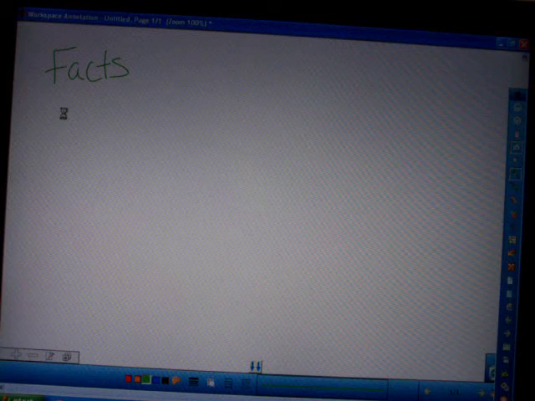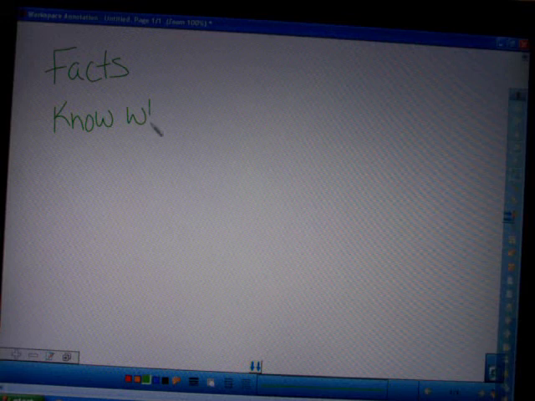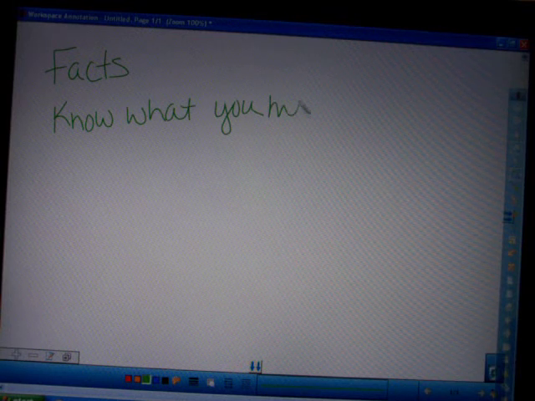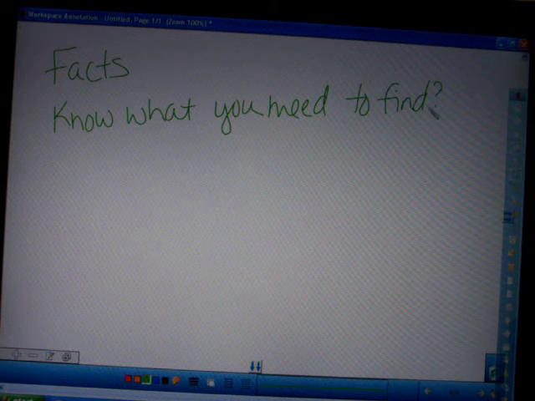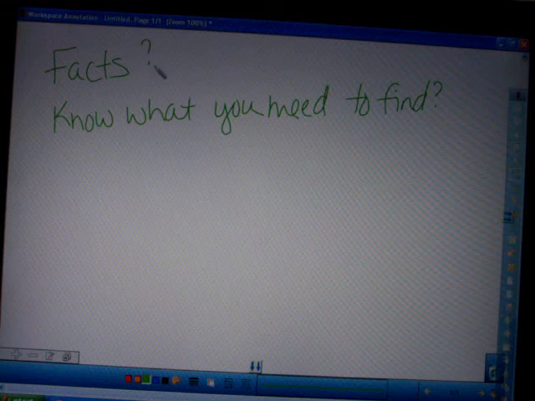You're going to want to make sure you know what you need to solve the problem. So you want to know what facts are there. Know what you need to find. I know it says need. Pen doesn't always follow my directions.